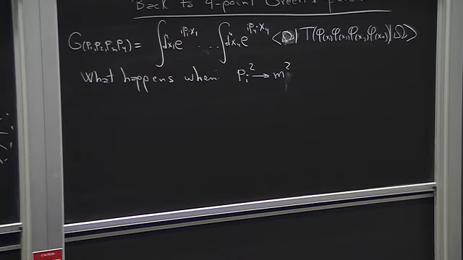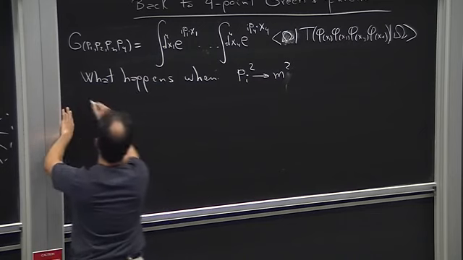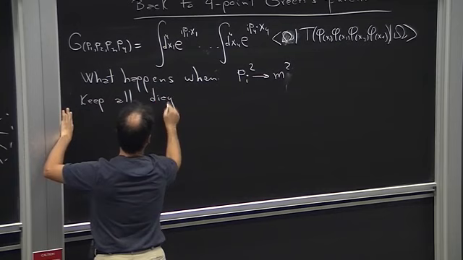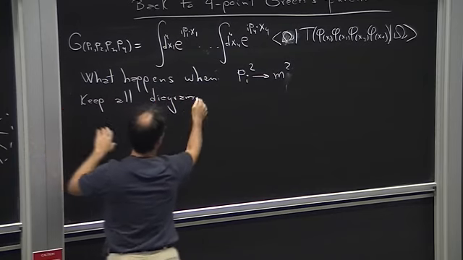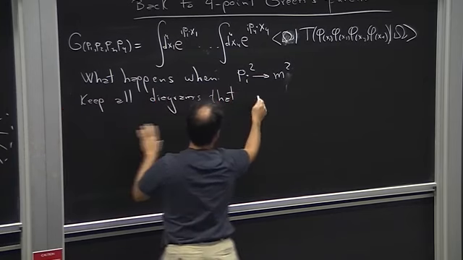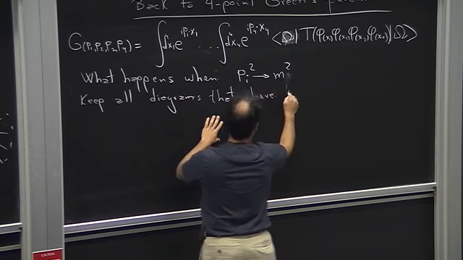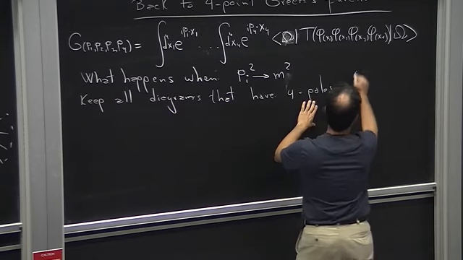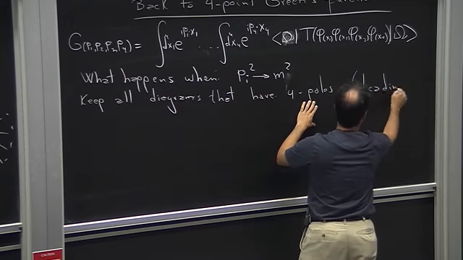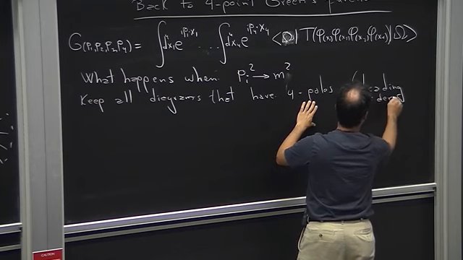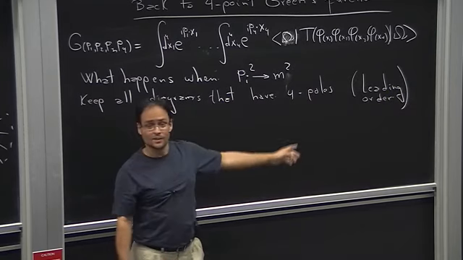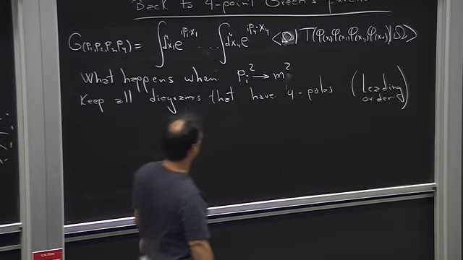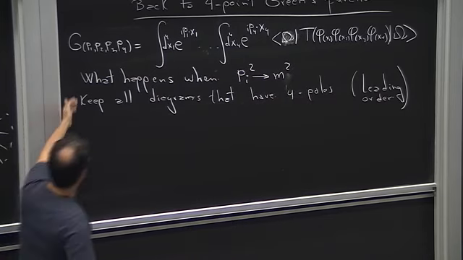So let's say that we keep all diagrams that have 4 poles, or we want to keep the leading order. So let's keep all the guys that contain exactly 4 poles. That would be the leading contribution when we take this limit.